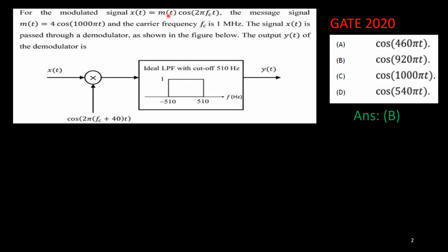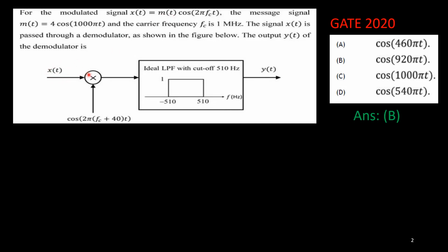So the message is modulated by this carrier signal, and the carrier frequency is given as 1 megahertz, and the message signal is again a cos signal. For cos 1000 pi t, meaning 2 pi fmt, it is a 500 hertz signal. So that modulated signal is here.